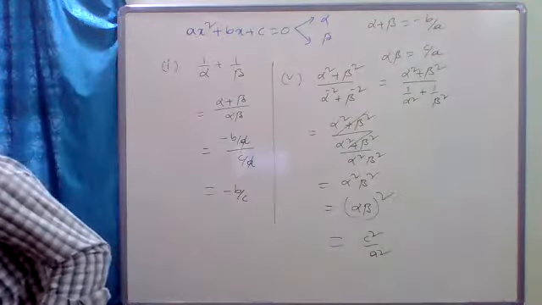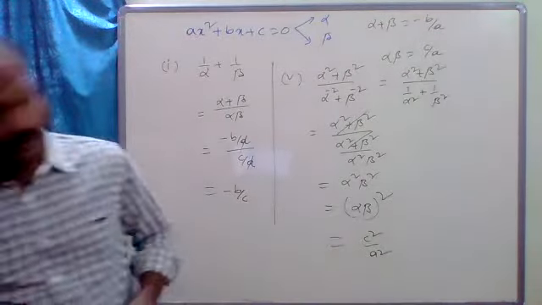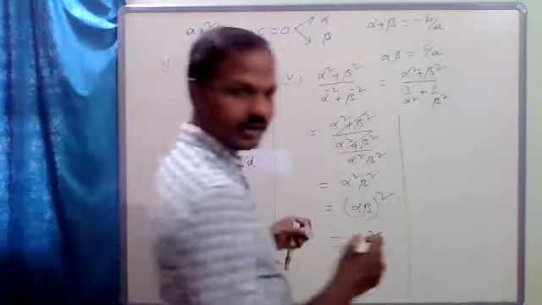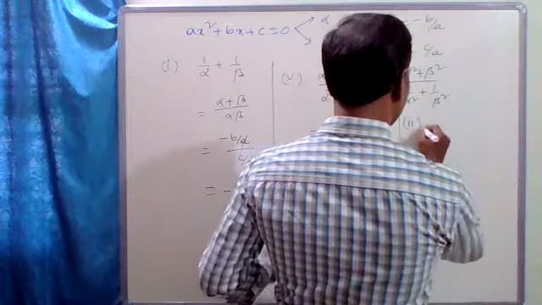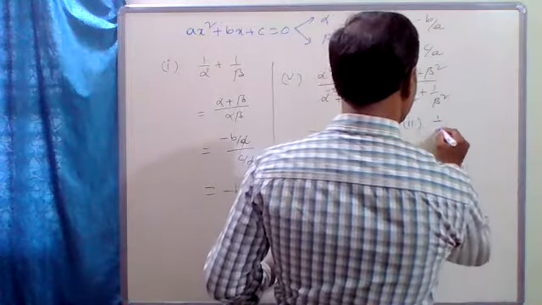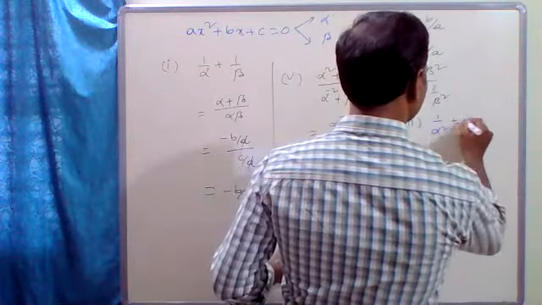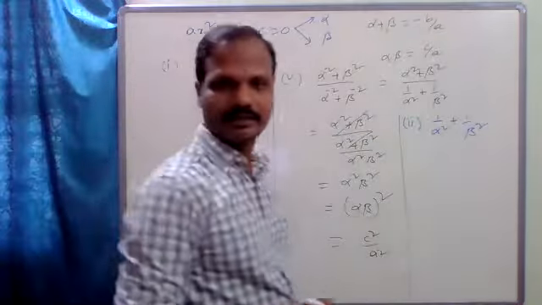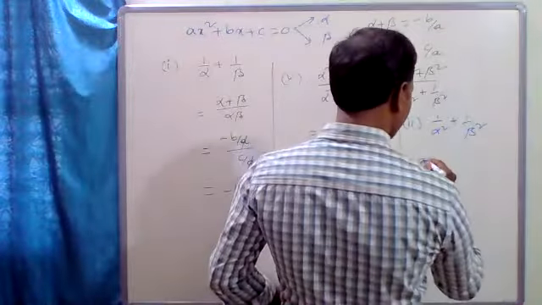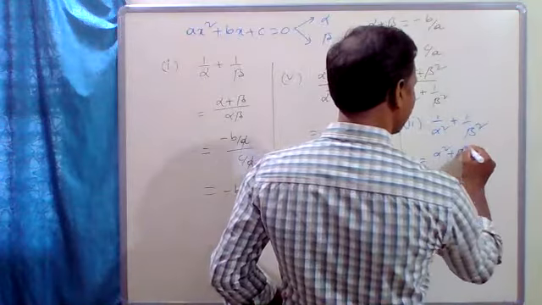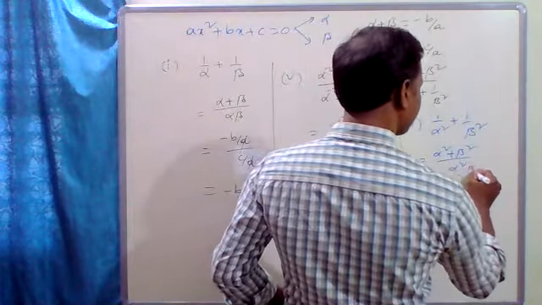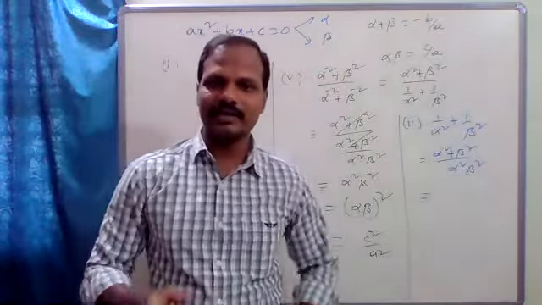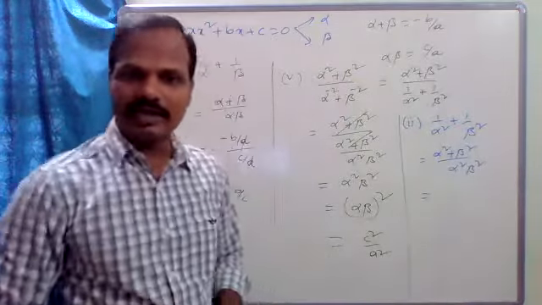Okay, I will do one more. The second one. 1 by alpha square plus 1 by beta square. Now from this, how can you write alpha square plus beta square by alpha square beta square? Now alpha square plus beta square, a square plus b square is nothing but a plus b whole square minus 2ab.